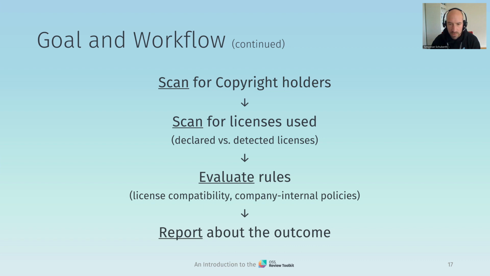And then once all this metadata has been collected, we can run the evaluator to evaluate our company rules that may implement license compatibility checks or any other company internal policies, actually. And finally, the last step is to document our findings via the reporter tool and write out things like SBOMs or disclosure documents or whatever you need, actually.